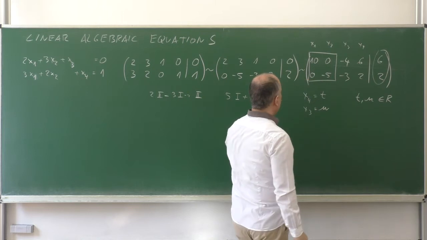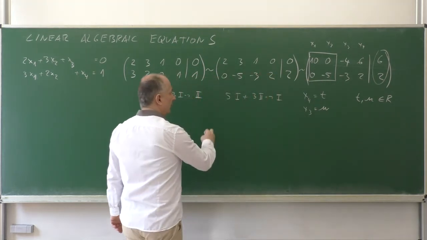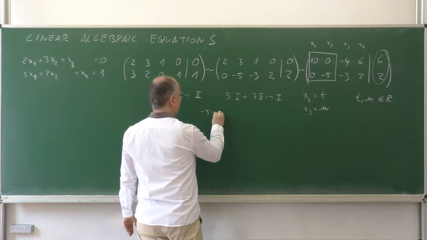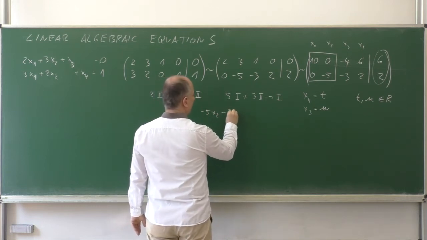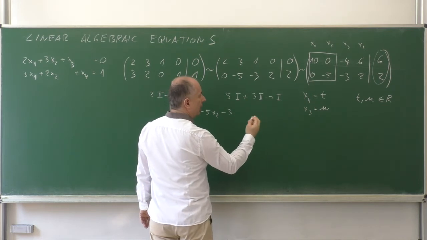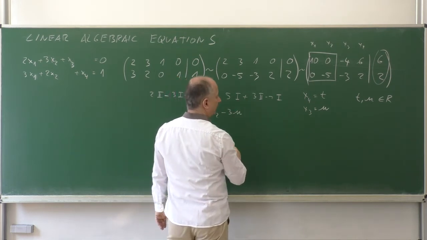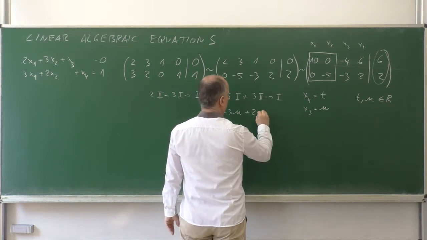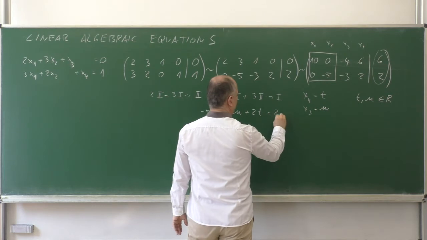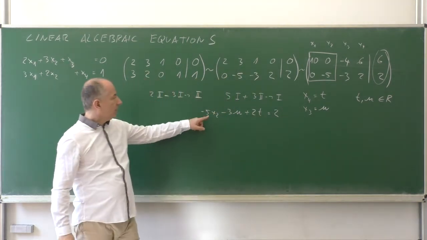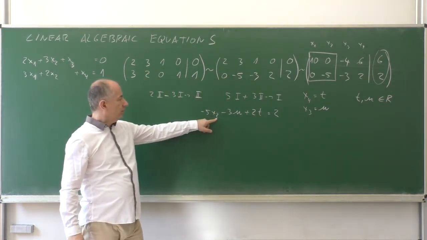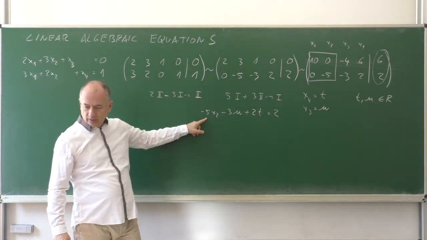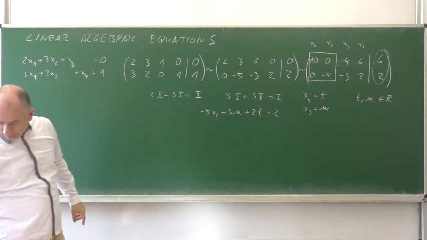The second row actually corresponds to an equation 0 times x1 minus 5x2 minus 3x4, which is x3, which is u, plus 2x4, which is t, is equal to 2. And we can express x2 if we move these two terms to the right and if we divide by minus 5.